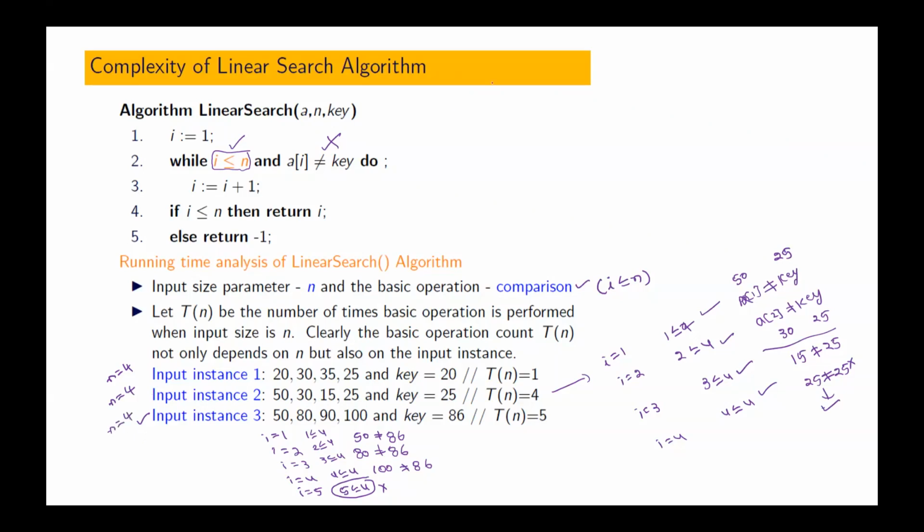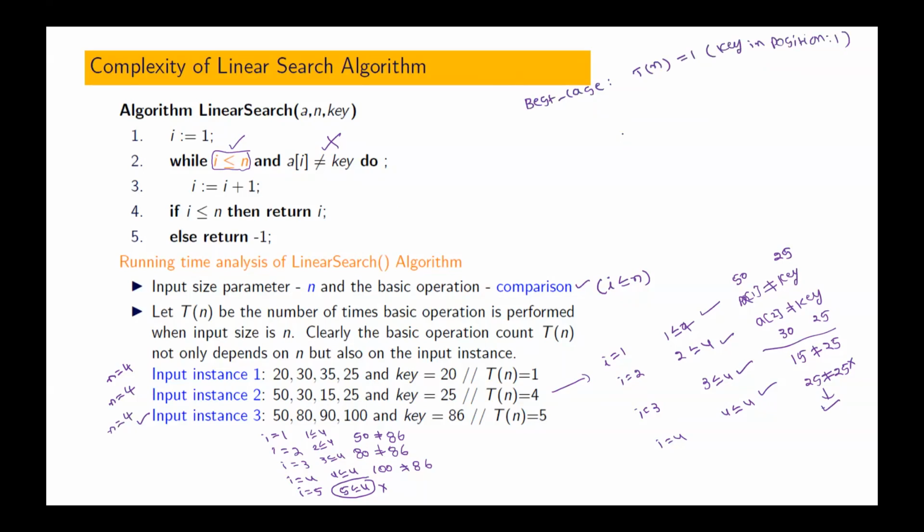Now you tell me, what is the best case running time? What is the value of T of n? It is the same as the key being present in the first position. That time the operation is performed only one time, no? Key is present in position 1.